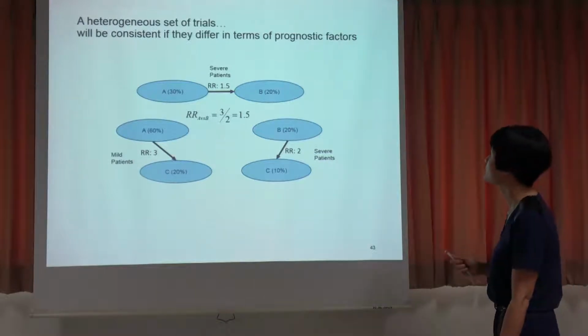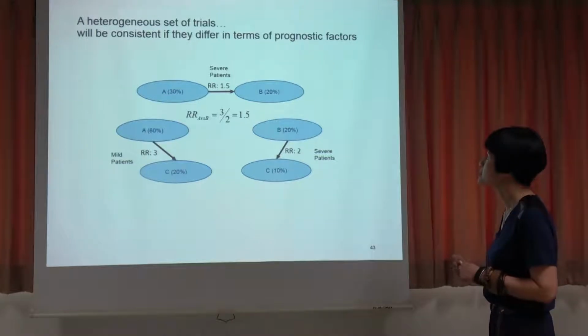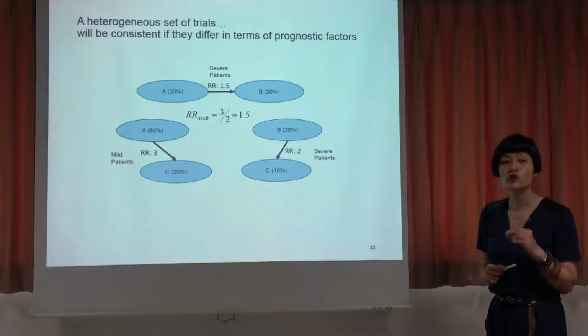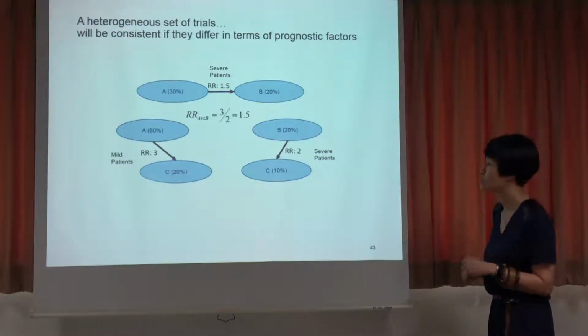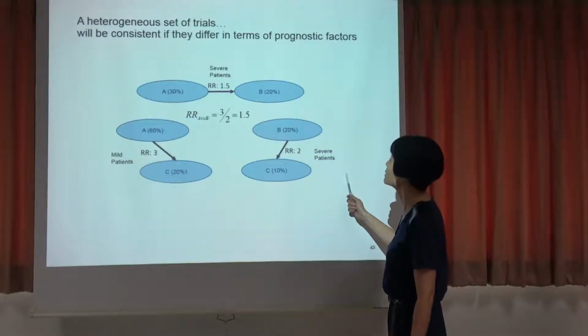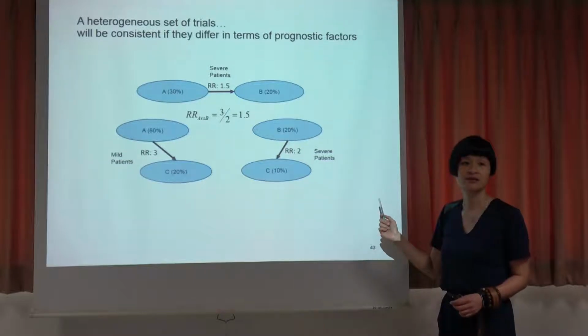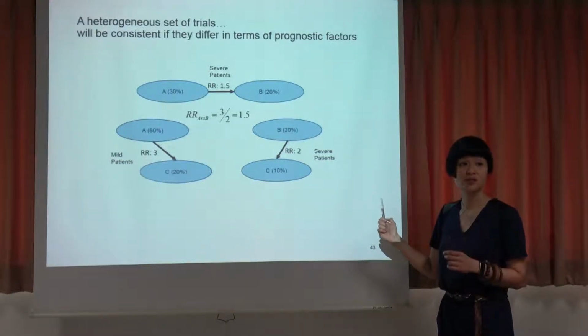Now, in a heterogeneous set of trials, they will still be consistent if the differences are in terms of prognostic factors and not effect modifiers. So if mild patients and severe patients differ, and the severity of disease is prognostic, then it should still be consistent.